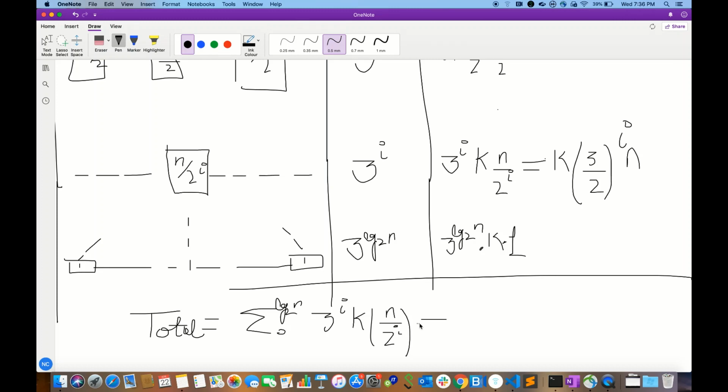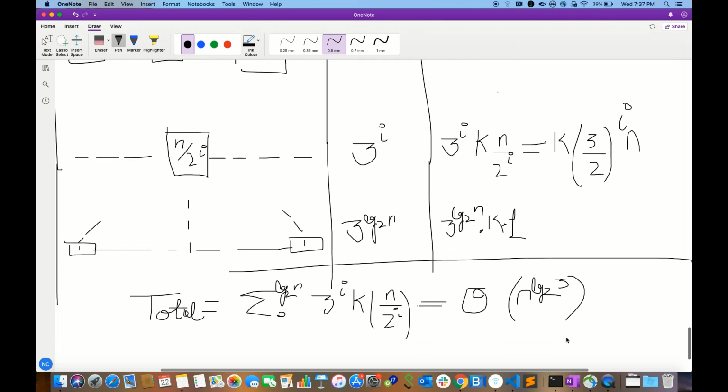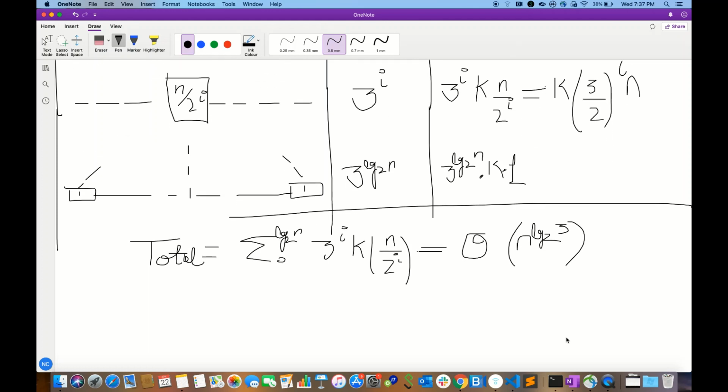So it will get reduced to theta of n to the power log base 2 of 3. You need to do some calculation as well as know some log series and the properties of logarithms in order to arrive at this, and the final result would be somewhat like n to the power 1.58.